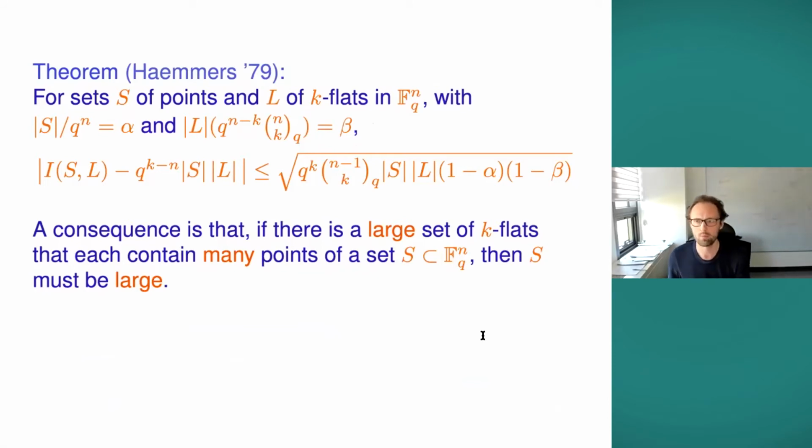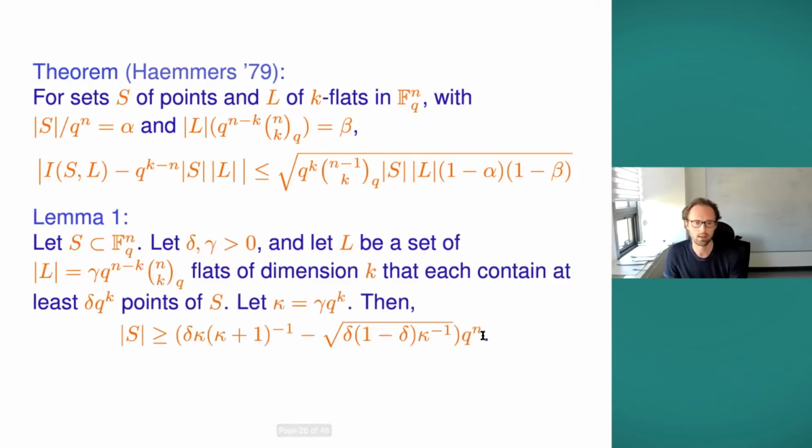Another immediate consequence of this is that if you take a large number of k-flats, and each of these k-flats has a lot of incidences with some set S, then you have to have a lot of points. Otherwise, we have an upper bound on the number of incidences that just depends on the number of flats and the number of points. So if you have a large number of incidences, you're going to have a large number of points.